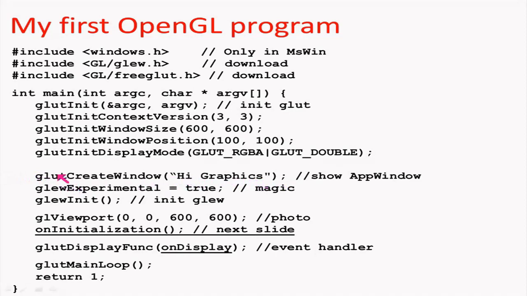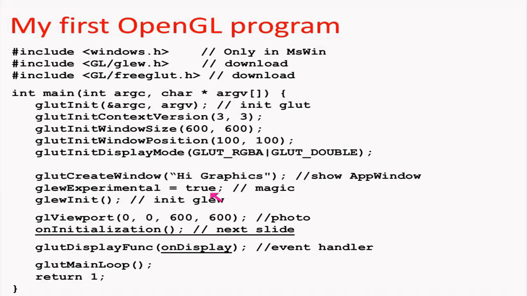Then GLEW is initialized. We first set glewExperimental to true, which means that GLEW obtains information on the supported extensions from the graphics driver, so even if the driver is not updated, it might not report all features the GPU can deliver.